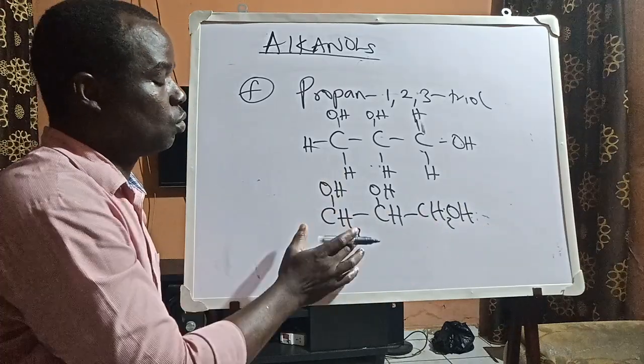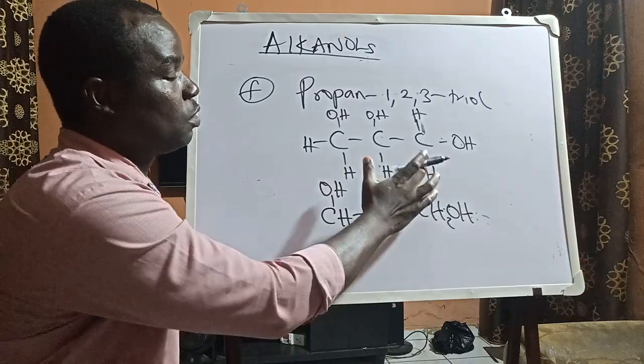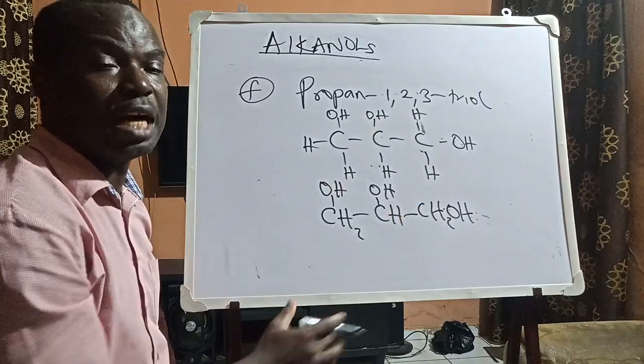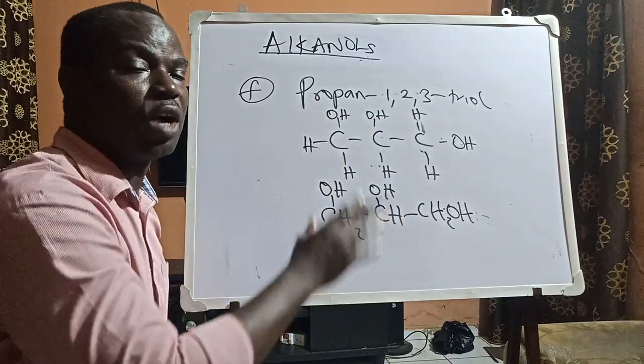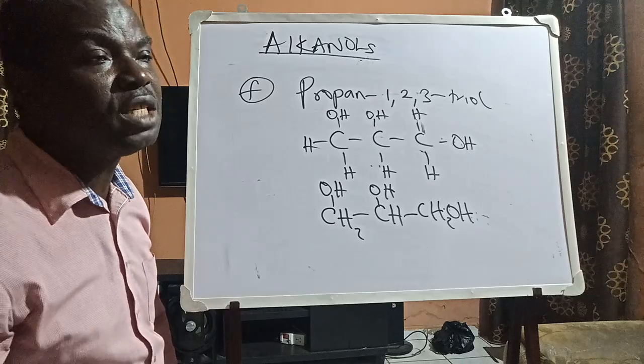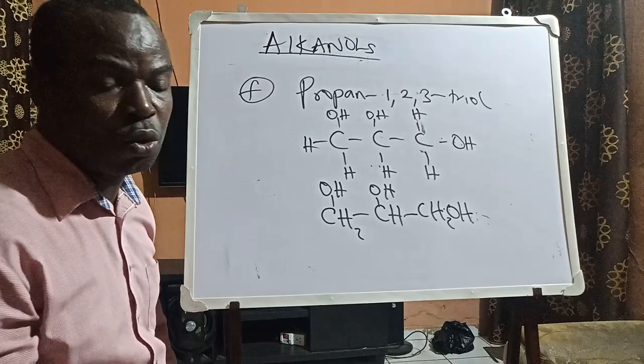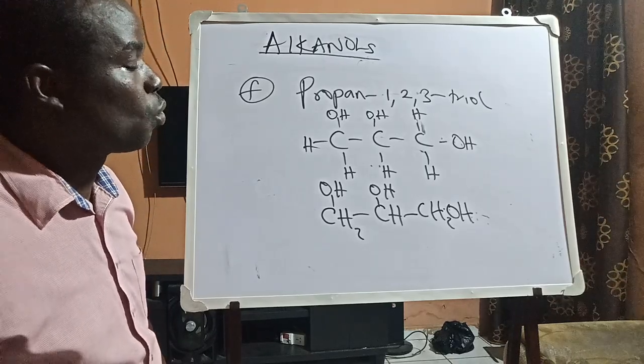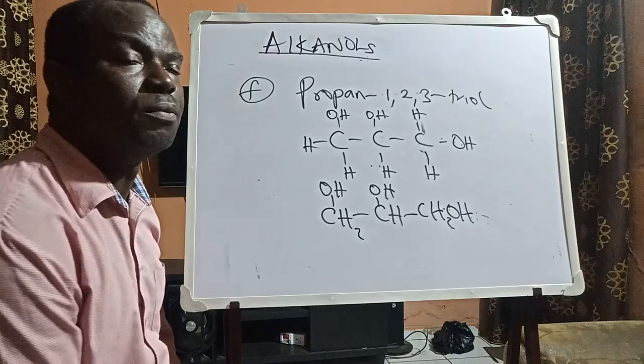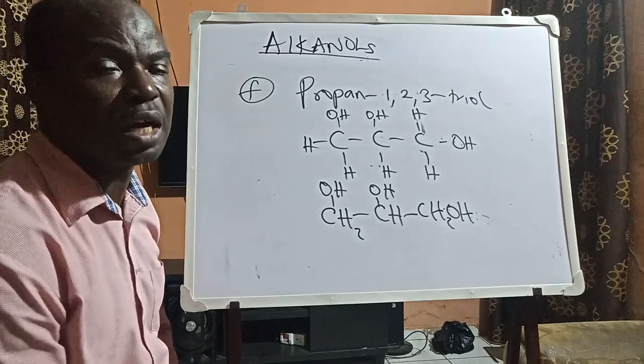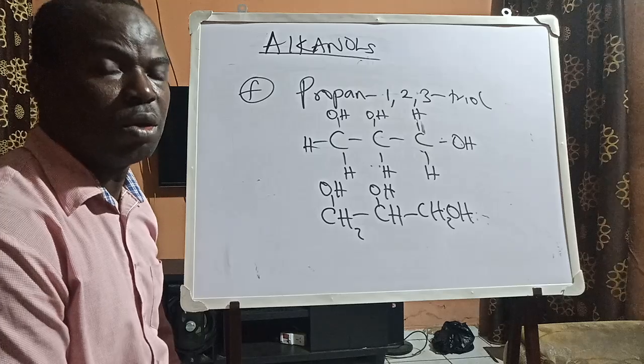So this is 1, 2, this is 1, and this is 1, 2. You put your OH. That is propan-1,2,3-triol. So I believe these 3 examples will help you to understand what we mean when we give you certain structures of alkanols to draw. All right.